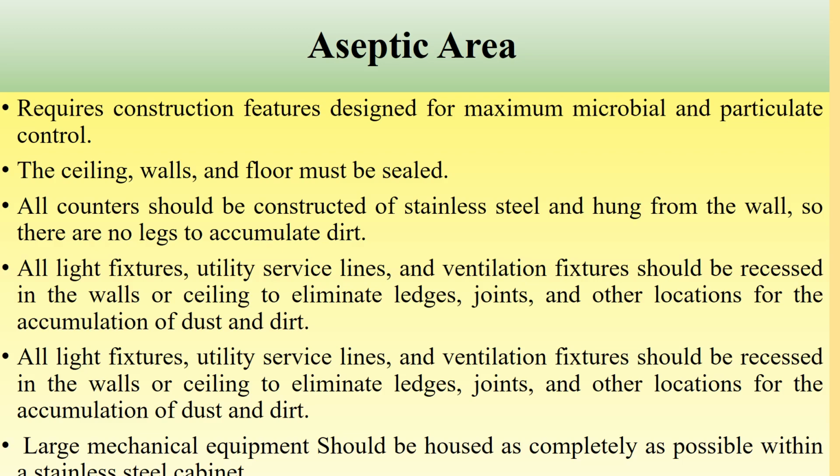All the light fixtures, utility services, service lines and ventilation fixtures should be recessed in the wall or ceiling to eliminate ledges, joints and other locations for accumulation of dust and dirt. Large mechanical equipment should be housed as completely as possible within a stainless steel cabinet.